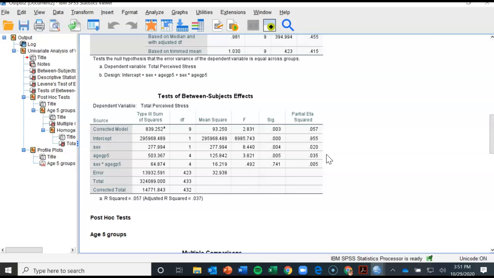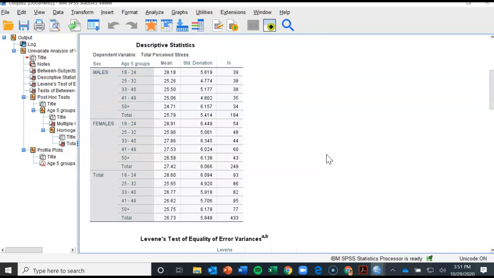Now the next step is, so what does this mean? If I have main effects for sex and age, what does that really mean? So I go back up here and I think about overall the effect for age. Who appears to be experiencing the lower level of perceived stress versus the higher level of perceived stress?